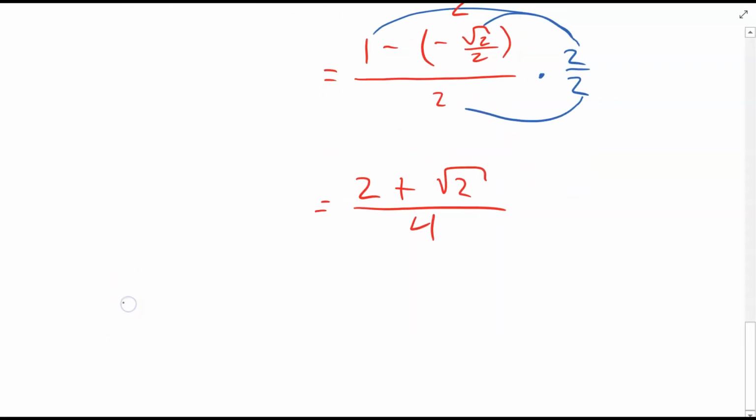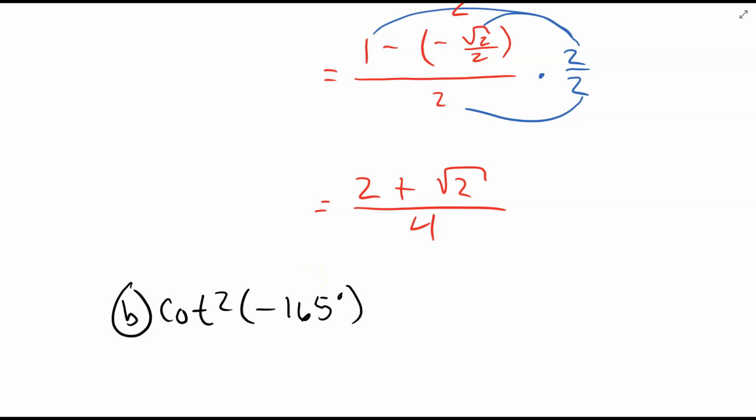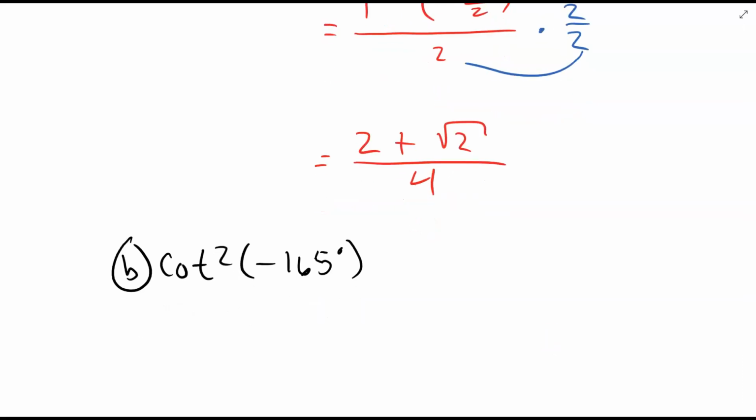What if we want to do cotangent squared of negative 165 degrees? Now, at first glance, you might not think we're able to do this because we don't have a power-reducing identity for cotangent, right? What can we do instead?